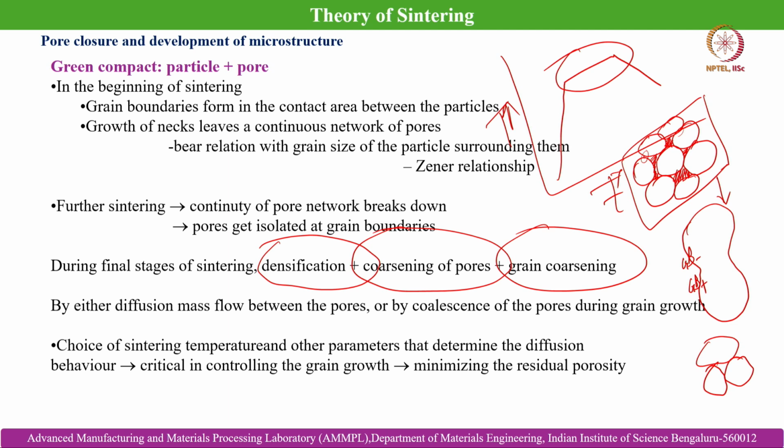Within that time, initially the densification is achieved till this phase, and also to some extent at the beginning of the holding time, and then these two mechanisms become prevalent: simultaneous coarsening of the grains already formed, and also coarsening of the pores that are trapped between the grain boundary triple points. This is what happens during the final stages of sintering. That means, it is towards this region.